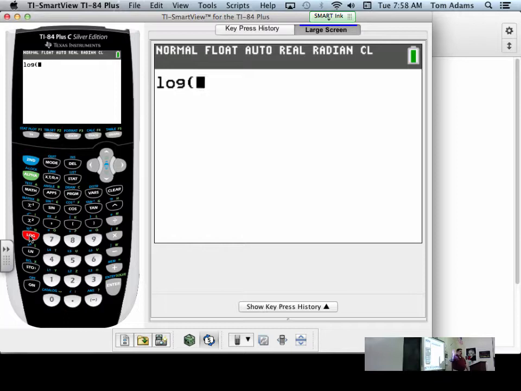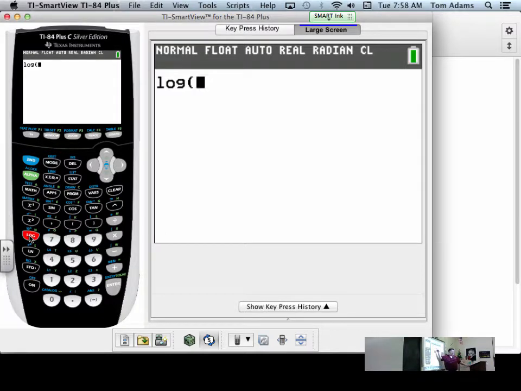Now, your calculator does 2 types of logarithmic functions. It does the natural log, which is the base of what? Who remembers what the natural log has for a base? No? Good guess. Natural log. E. Very good. So the natural log has a base of e.